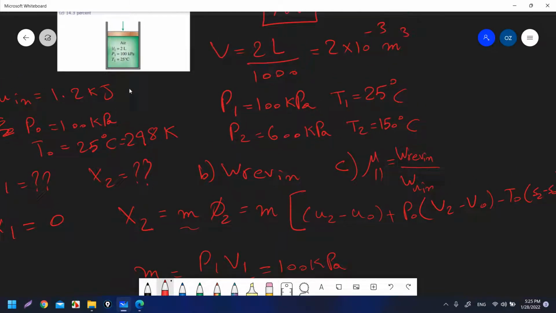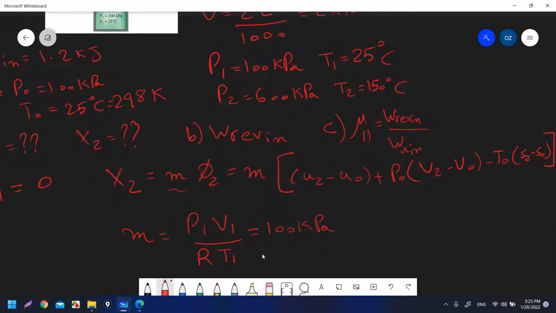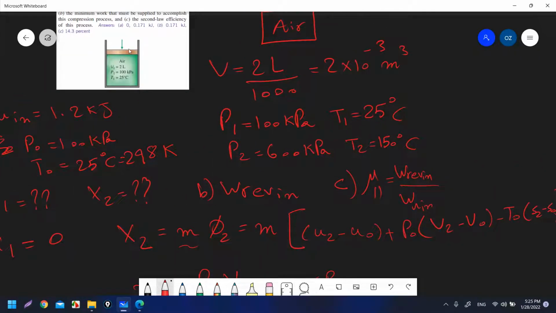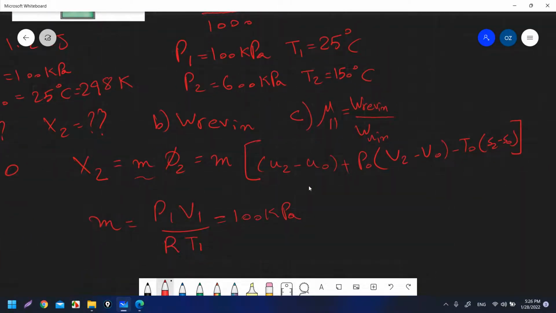So P1, V1, T1, I will use state 1. Because after the compression, the volume will be decreased. It is gas, it is moving as it wants. V1 is 2 times 10 to the power negative 3 meter cubed.